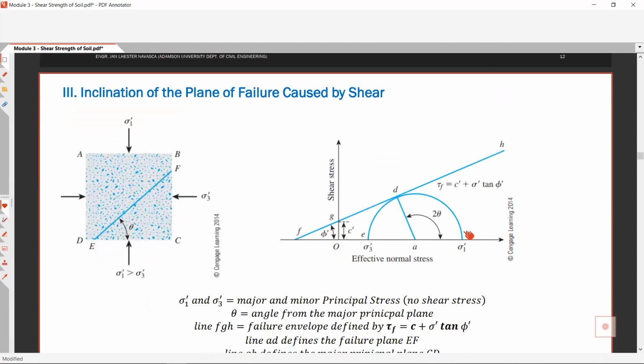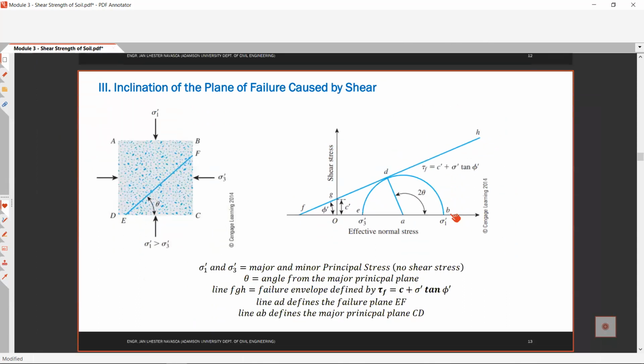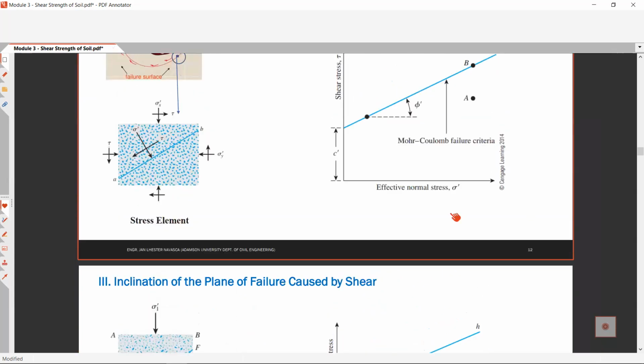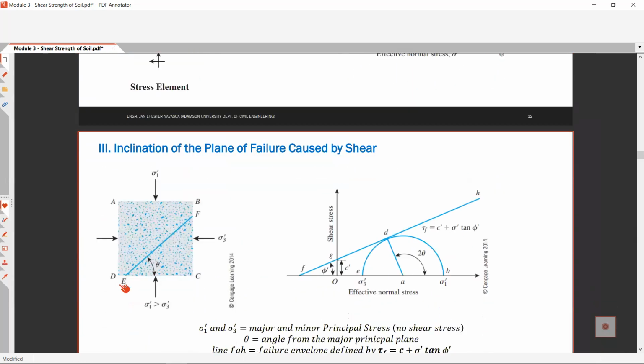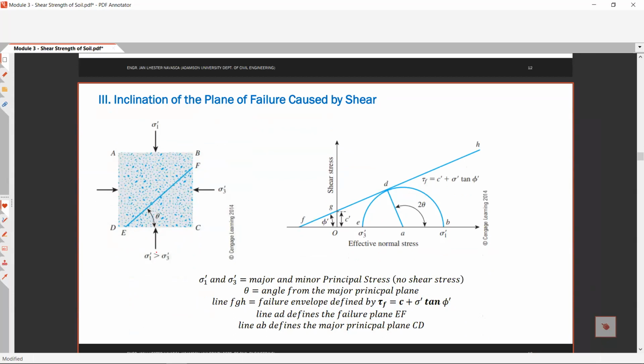Then the inclination of the plane of failure caused by shear. Another example of a stress element with a failure plane surface, this one, the failure plane. The angle theta is the angle of the failure plane from the horizontal plane, or from the major plane. So this one, sigma prime 1 and sigma prime 3.